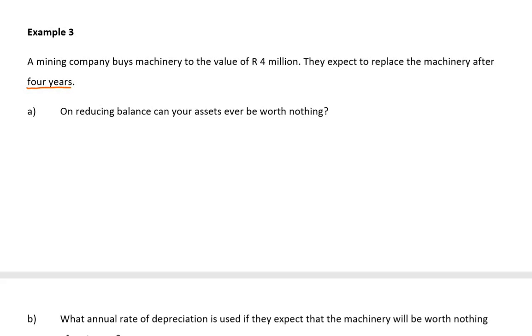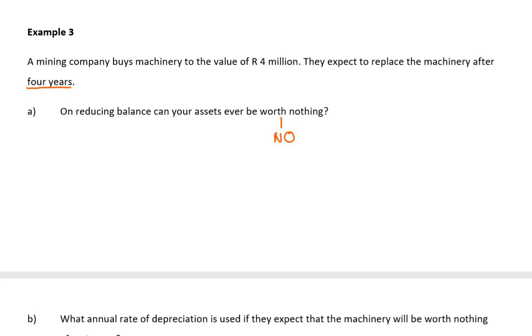It says, on reducing balance, can your asset ever be worth nothing? And this answer is no. Simply because you're always depreciating by a percentage of the current value. So if you're taking away a percentage of the current value, you must be left with something left over. It's not the same as straight line where you're just subtracting a constant amount every time.